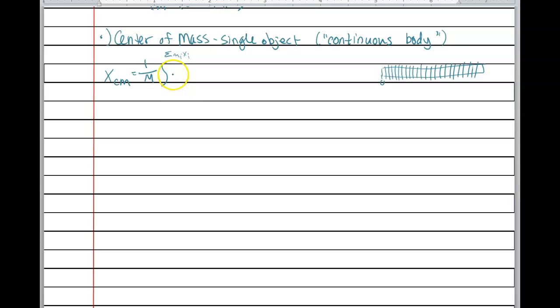So we're going to integrate the position of each of those tiny pieces with respect to mass. So we're essentially saying, well, this amount of mass is at that position, this amount of mass is at that position, and then we add all those up.